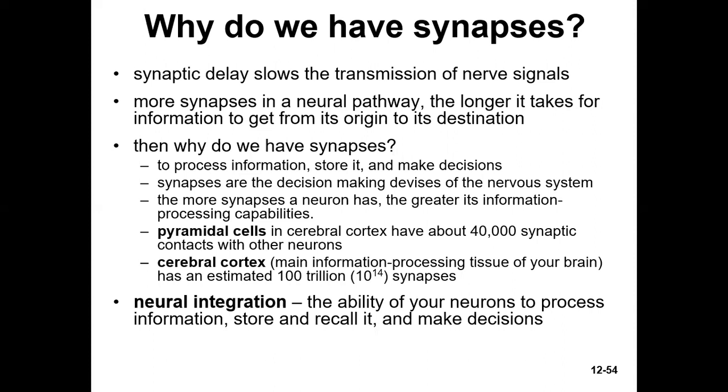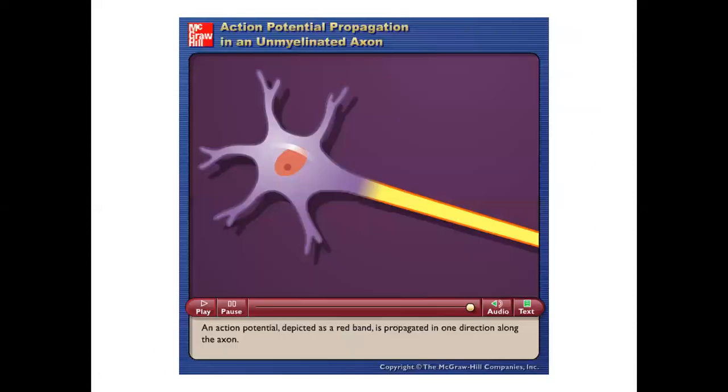It has an estimated 100 trillion synapses. Neural integration, that's the ability of our neurons to process, store, and recall information all so that we can make a decision. And that's kind of what makes us very cognitive beings.